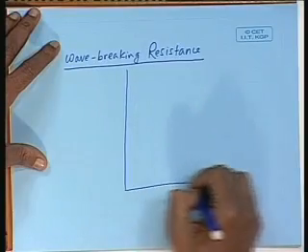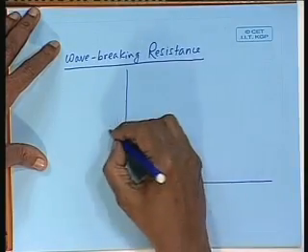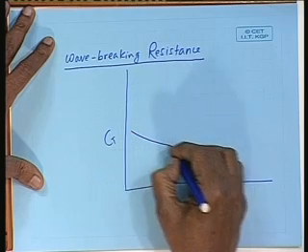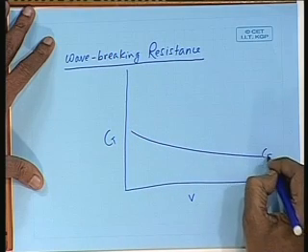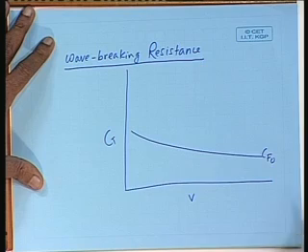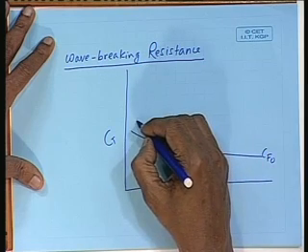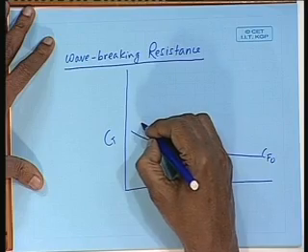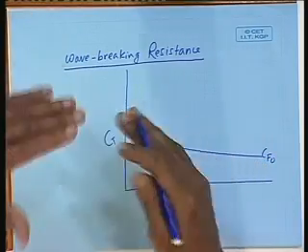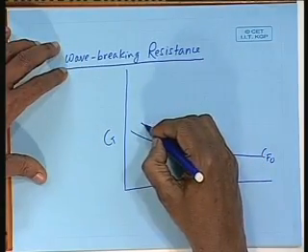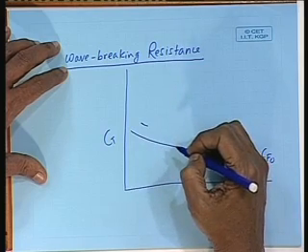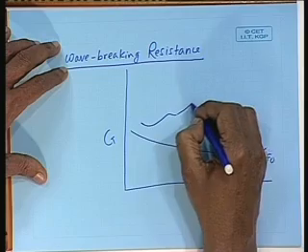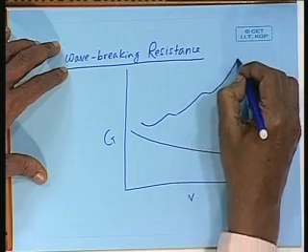If I draw the CT curve against speed, if you remember, the CF curve would have gone like this, CF 0, okay? And we said that the coefficient of total resistance at low speeds when there is no wave resistance will follow the CT curve, right, and then it will go up like that.